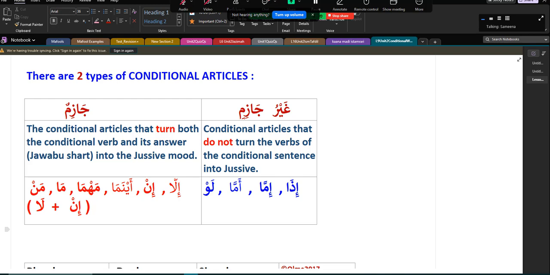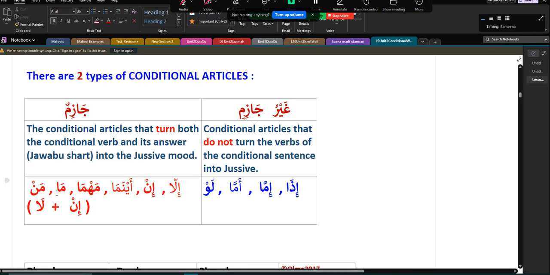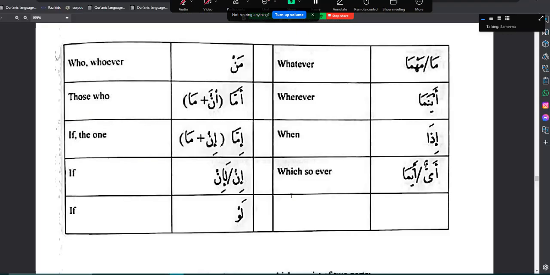The jazim conditional articles are man, ma, mahma, aynama, in, and illa. And the ghairu jazim are law, amma, imma, and idha. They are jazim and ghairu jazim.